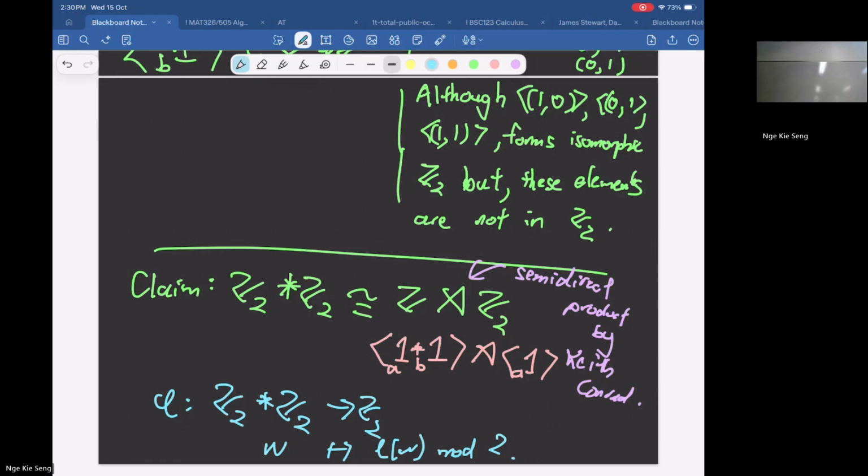What's the kernel of this map? Mod 2, how do you get 0? Even length. So how do you get even length here?